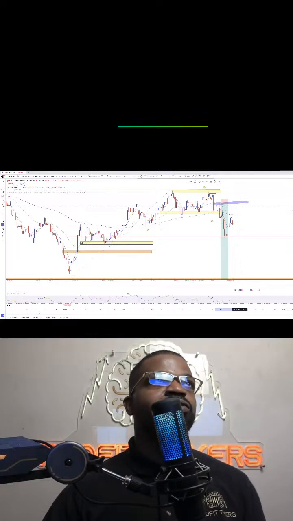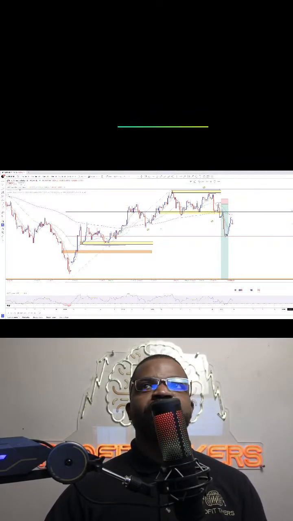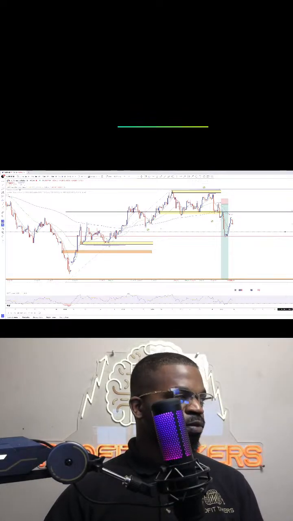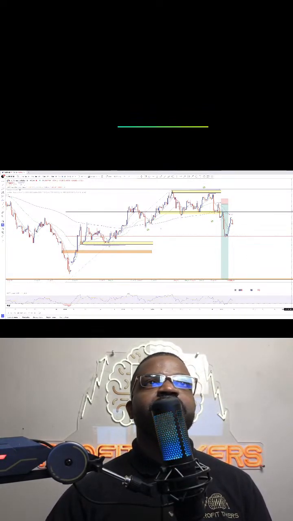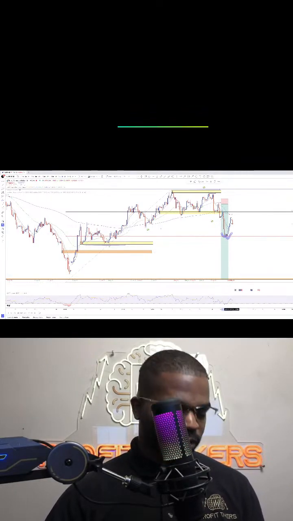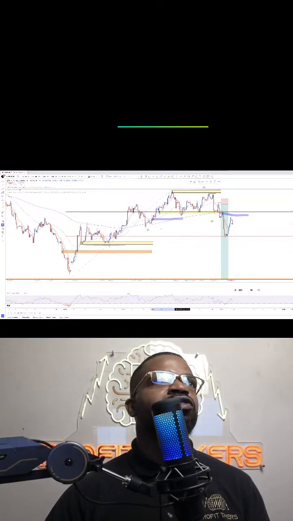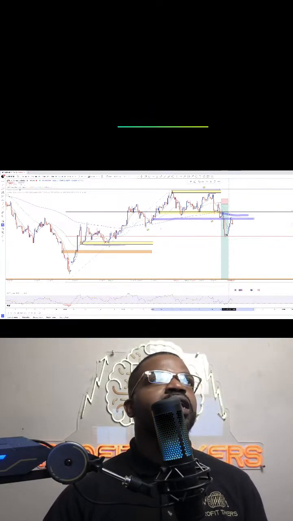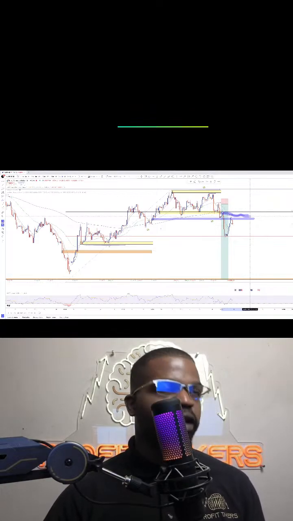So that was our entry. That's our first TP. And right down here at the 50 fib, price made a double bottom. But it pulled back to retest this structural level, which also just happened to be right by the 200-day EMA.